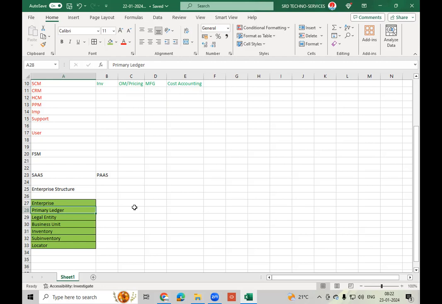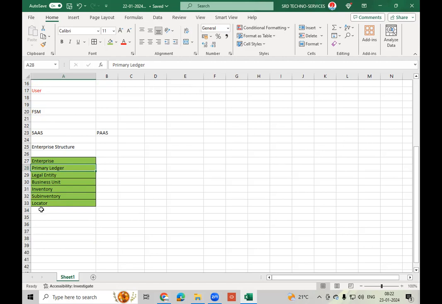If we are not implementing HCM modules, then department and all will not be configured. But as part of the chart of account, one segment we can define as department, for the future. This segment will be associated with the HCM department.